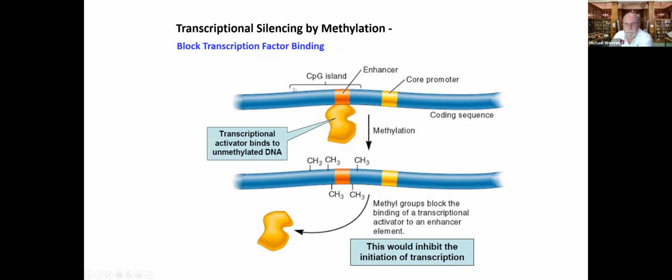And what it does is when you get a CG island up here, okay, and you methylate that island, so we've methylated it in a number of places, right? The transcription factors can't functionally see it. It's not the signal they're looking for, and it tends to block it.